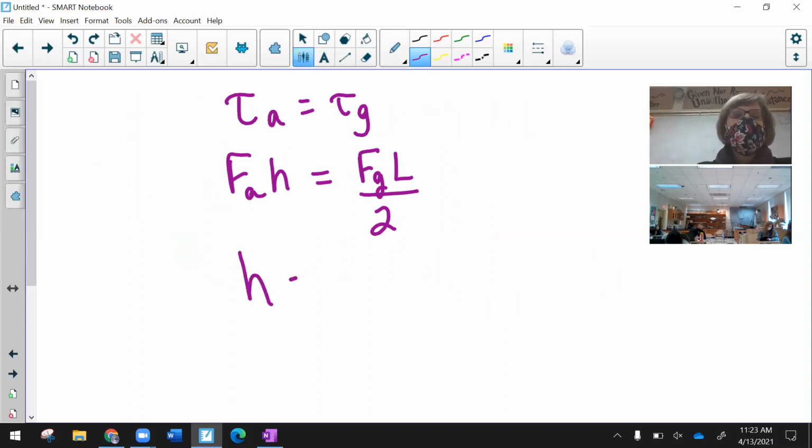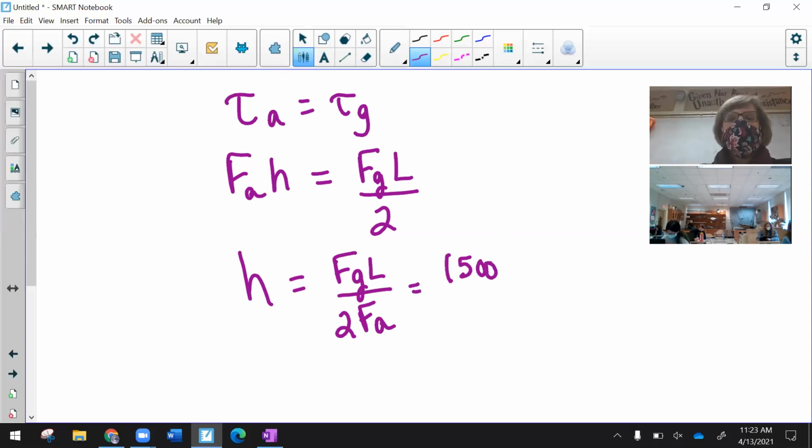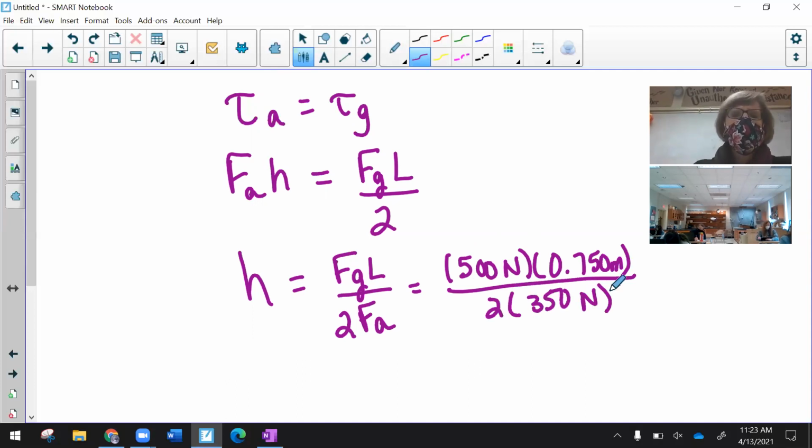And this we can really easily solve for h. FG L over 2 FA. And that gives us 500 newtons. The side is 0.750 meters over 2. I think the applied force was 350 newtons. So what's H equal to?